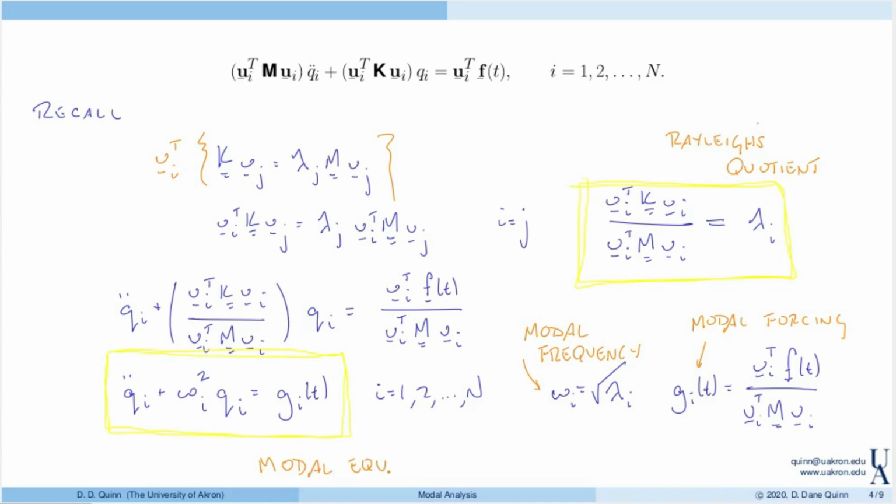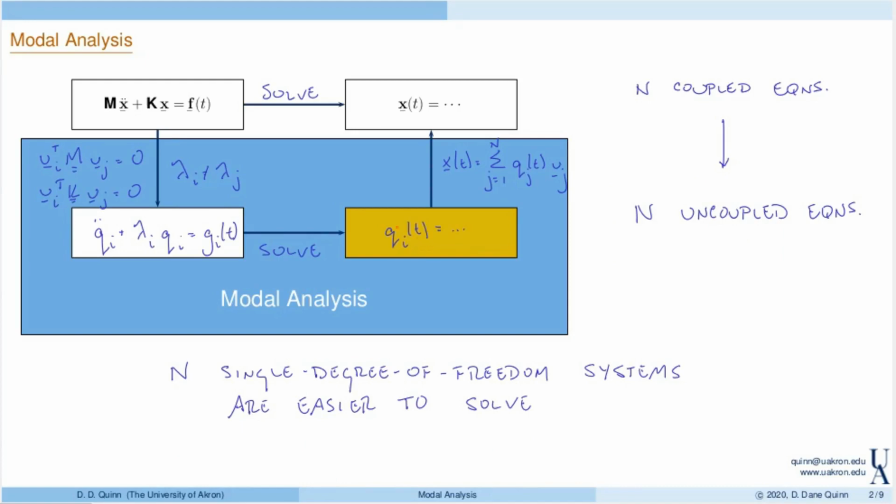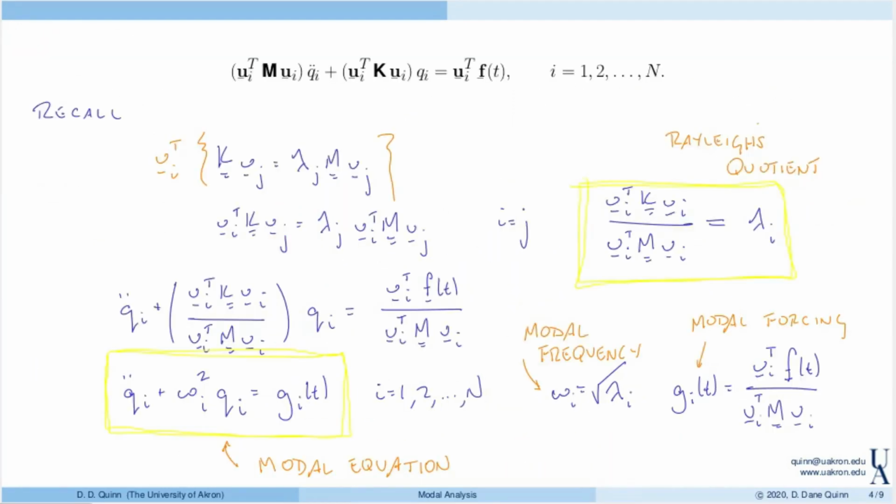Well, we can solve this and ultimately find the modal solution. So that would be q of t, which again, let's go back to our little flowchart. Once we have these q's here, we can reconstruct the solution to the original equation of motion.